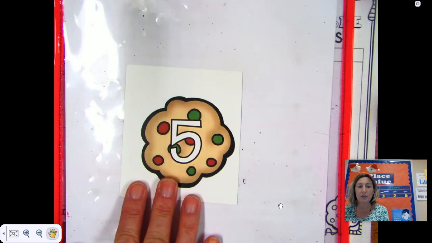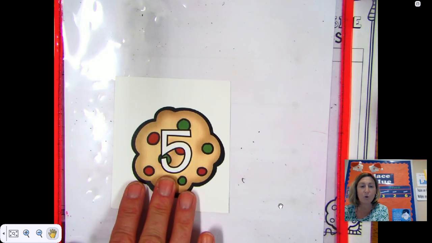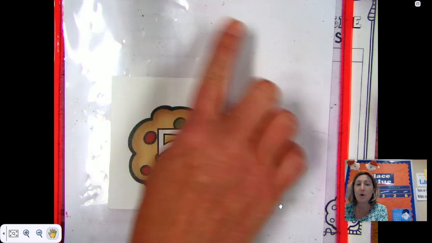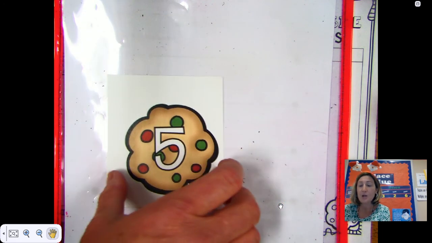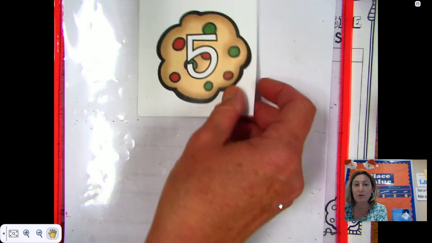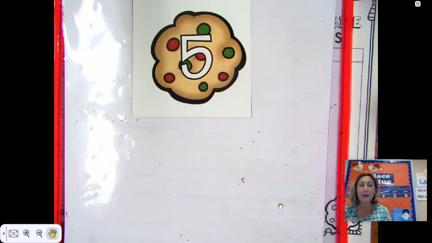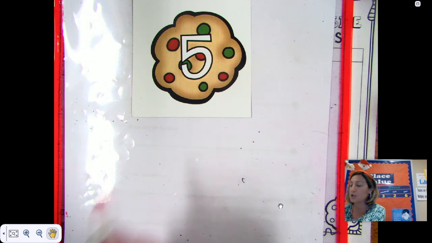And you're going to have some numbers on your cookies, and you're going to be sorting them into a prime column or composite column. So your job is to find out, is the number 5 cookie prime or composite? So I would definitely use my multiplication sheet.